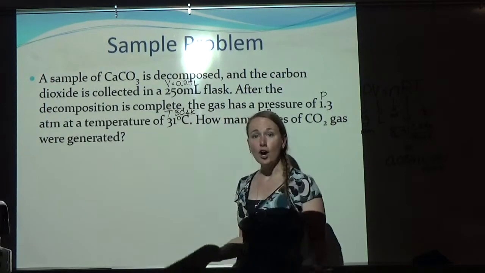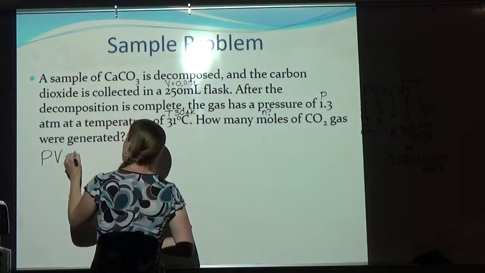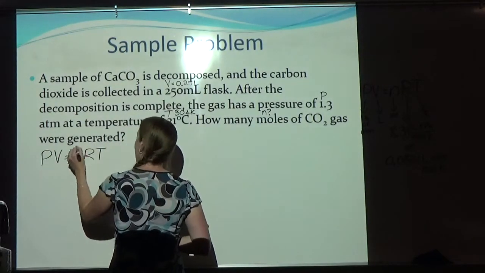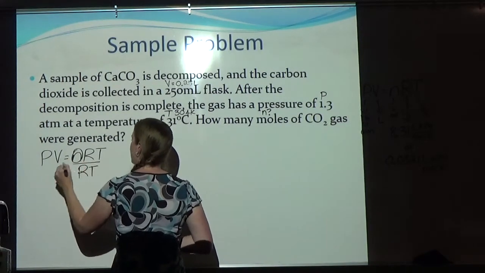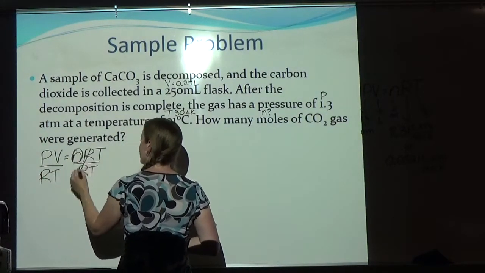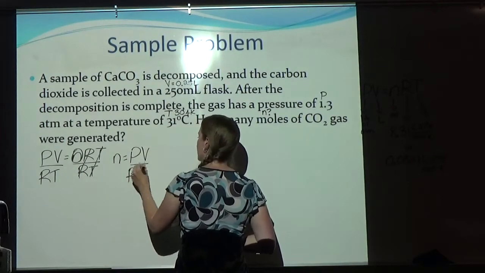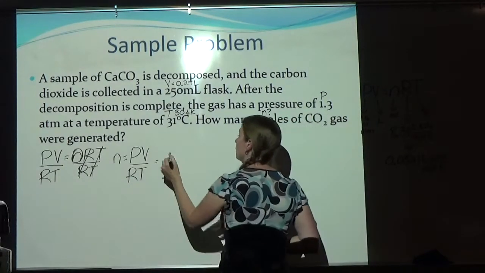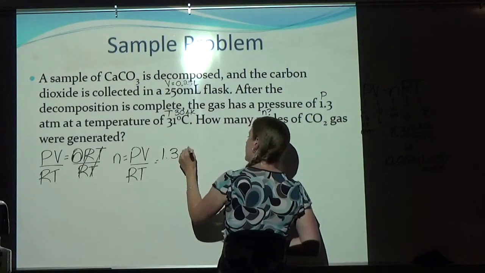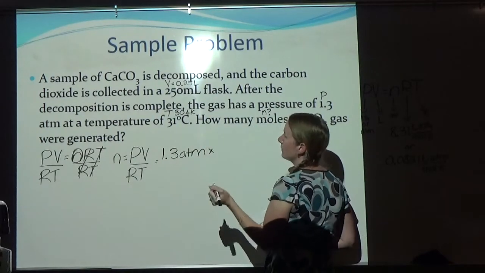So now that I have all my proper units, I can rearrange my formula. PV equals nRT. I'm solving for N, so to get R and T on the other side, I'm going to divide both sides by RT. So N equals P times V over R times T. So now I'm ready to plug in. My pressure is 1.3 atm. Again, y'all, if you label it in the question, it makes it super easy when you're ready to plug in.